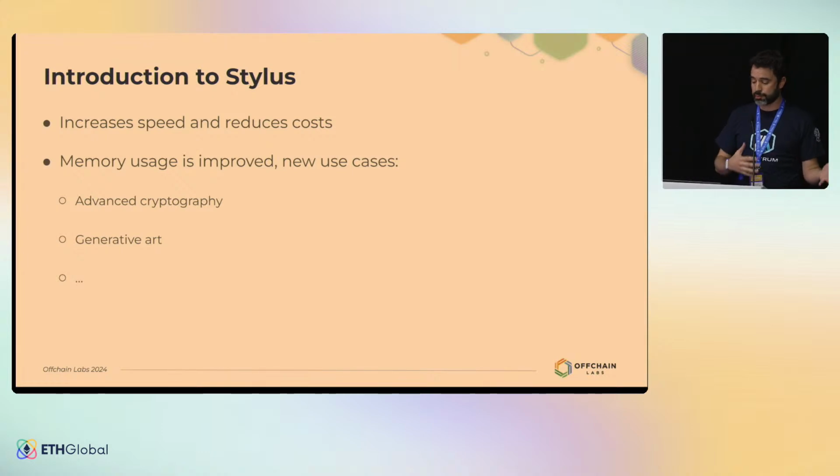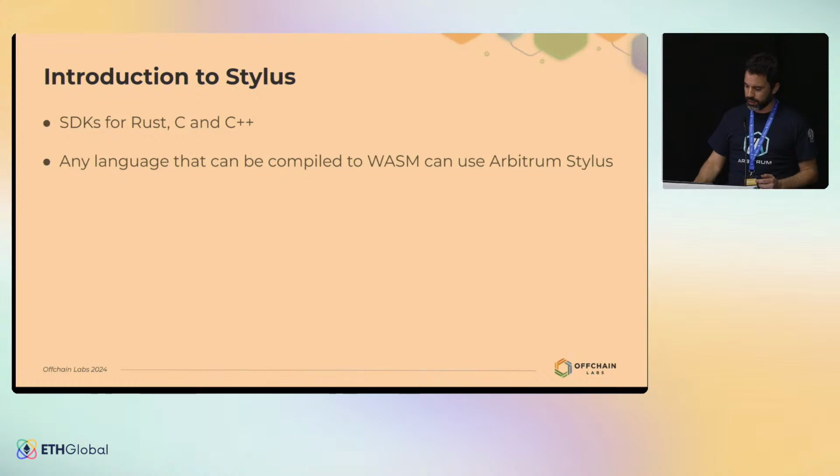Stylus also increases the speed and reduces cost, basically because generally a program written in WASM is going to be more efficient than one written in Solidity. And also memory usage is improved. And that means that we can see new examples of advanced cryptography, generative art, on-chain generative art actually, and any other use cases, okay?